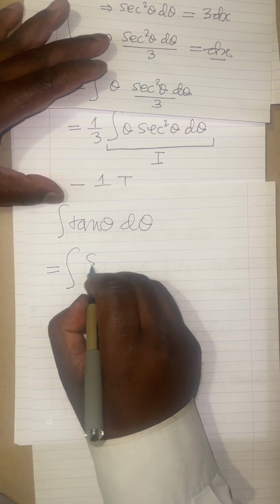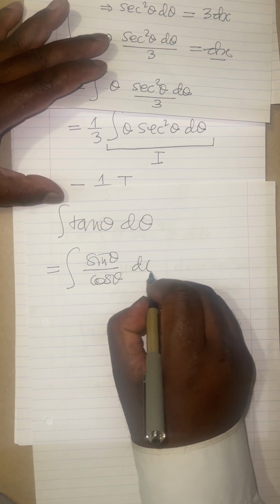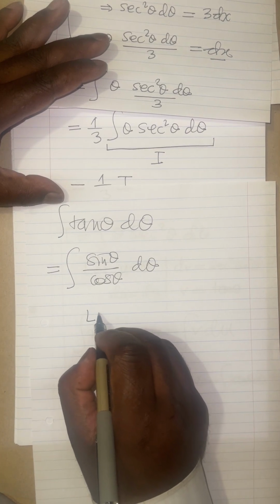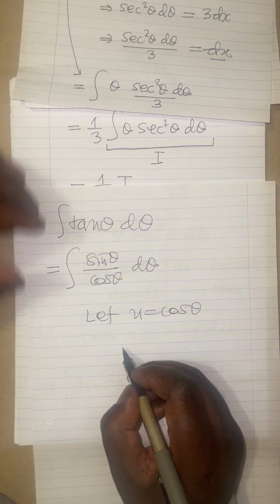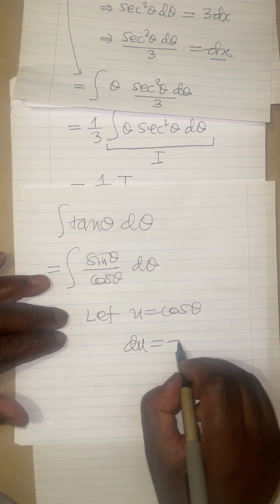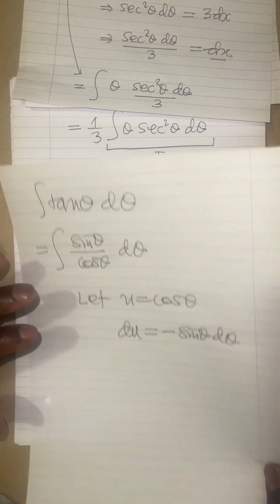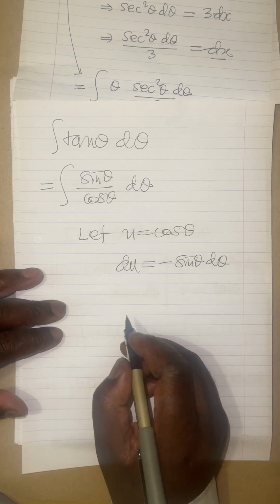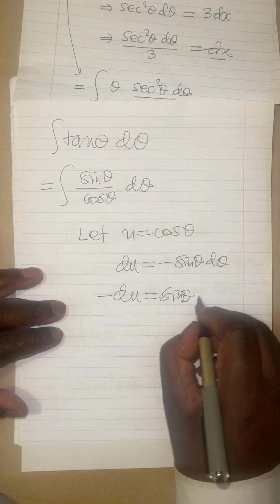The answer is tan theta is sine theta over cosine theta, d theta. And then we're going to let u be equal to cos theta. Differentiate both sides, du equals minus sine theta d theta. Multiply both sides by minus, and you get minus du equals sine theta d theta.